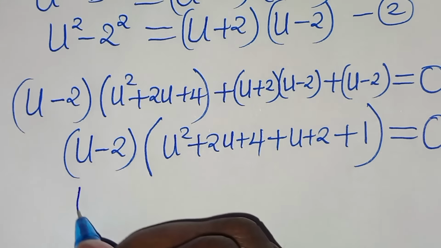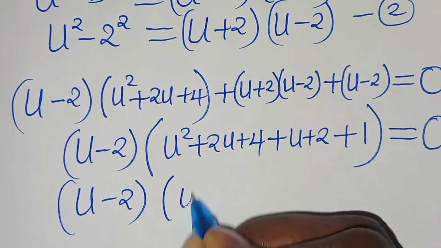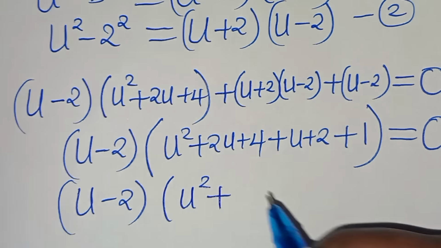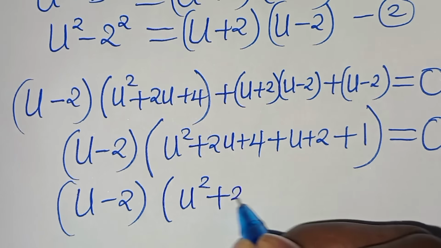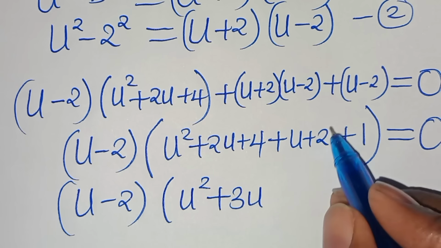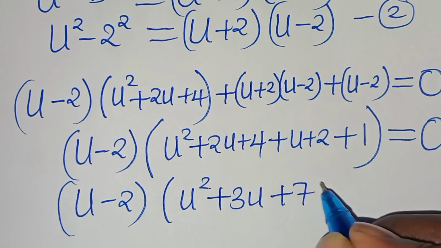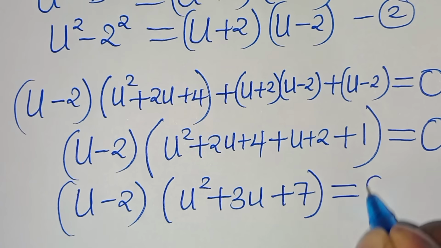So we have u subtract 2, then here we have u squared plus 2u plus u, this is 3u, then we have 4 plus 2, this is 6, 6 plus 1, this is 7, so we have plus 7. This is equal to 0.